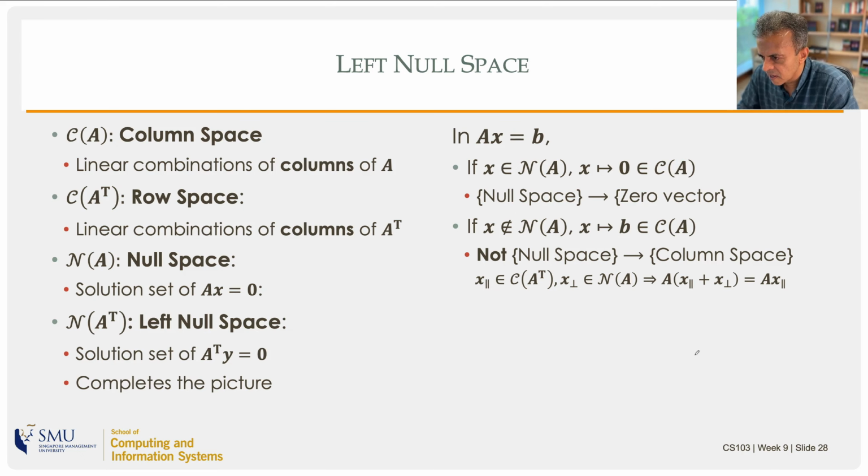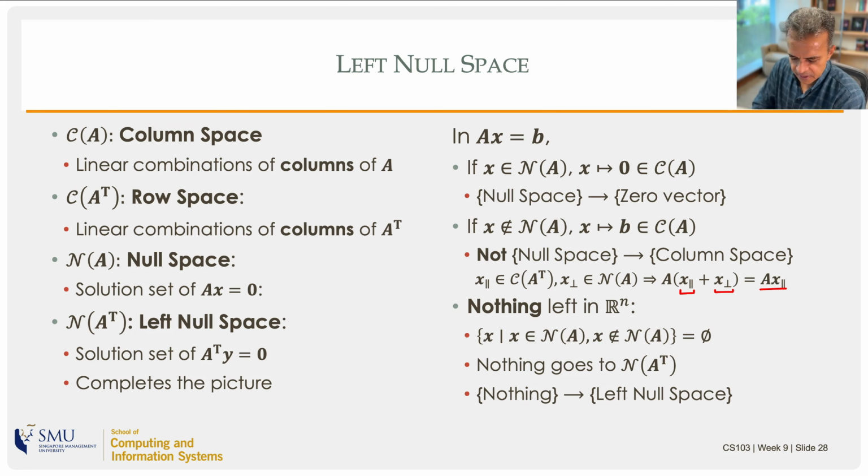If X is not in the null space, then AX is some linear combination of the columns of A that will end up in the column space of A. So not in the null space means column space, and all other vectors can be written as having a component in the row space and one in the null space. And as you saw, A times the component in the null space will go to 0. So this becomes A X parallel, and X parallel is a member of the row space.